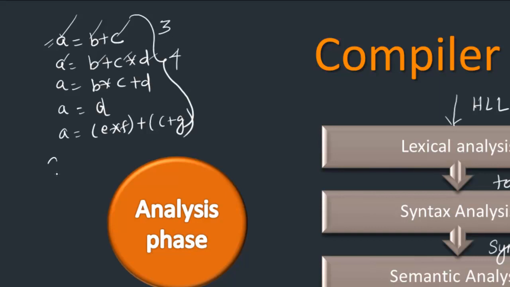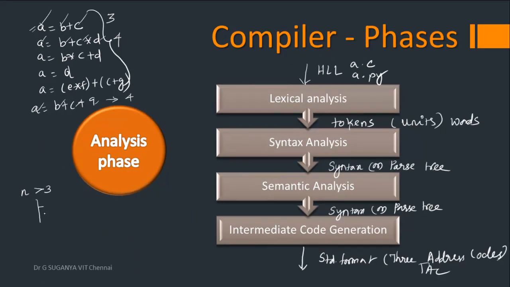Even if you have a statement like A = B + 9, again A, B, and 9 count. So be it a constant or a variable, it accounts to an address. If the number of variables is greater than 3, you split the statement into multiple statements, using temporaries, let's say N1, N2 and so on, so that every statement can have a maximum of 3 addresses.